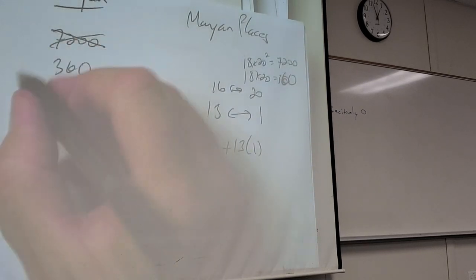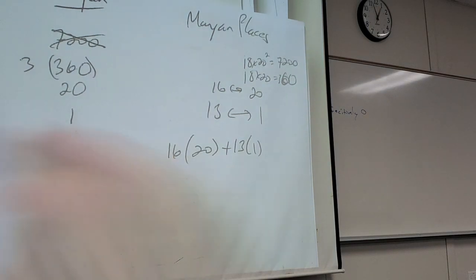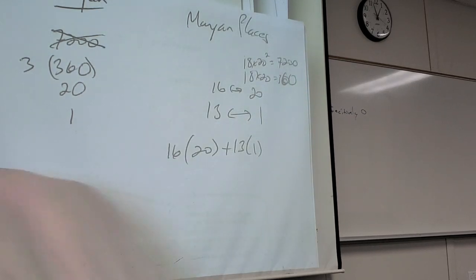So if I got 3 of these, 3 times 360 is 1,080. That's right.